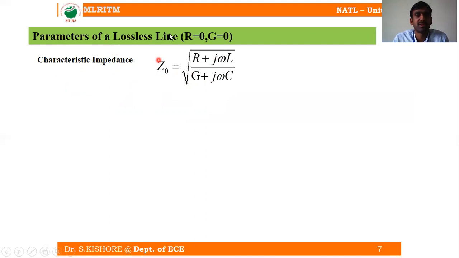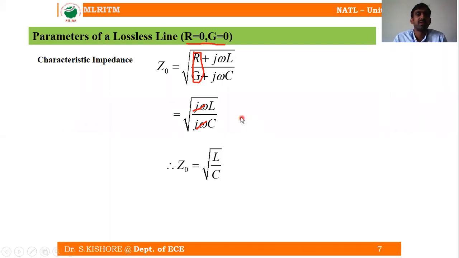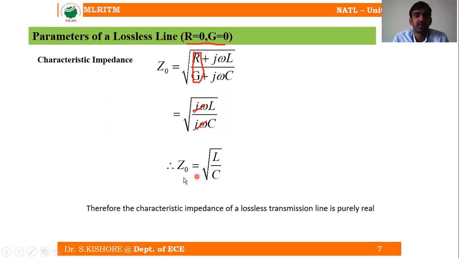As it is the lossless transmission line, if we substitute R equal to 0 and G equal to 0 here, we are going to have root over j omega L by j omega C. The j omega and j omega get cancelled here, so then we are going to have root over L by C. That means the characteristic impedance of a lossless transmission line is a purely real value.